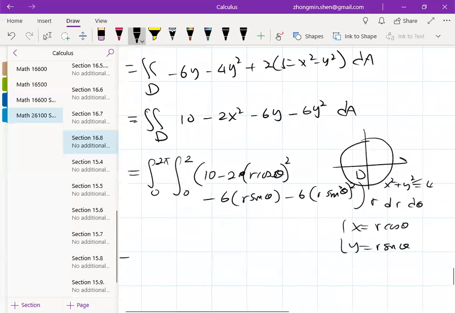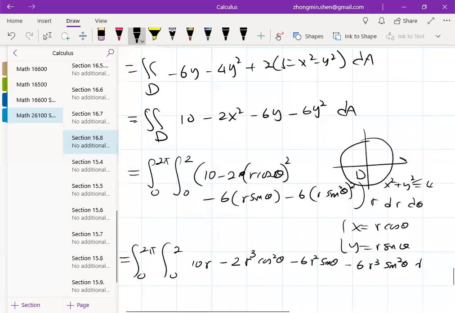So let me write down the details here. R multiplies 10 times r, and here I have 2r cubed cosine squared theta, and here negative 6r squared sine theta minus 6r cubed sine squared theta, d theta. Okay.